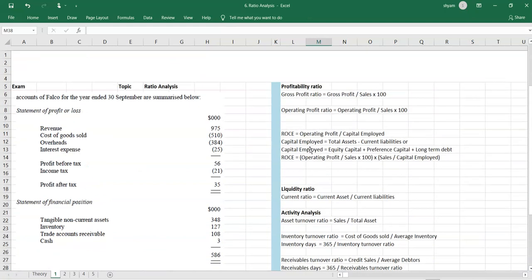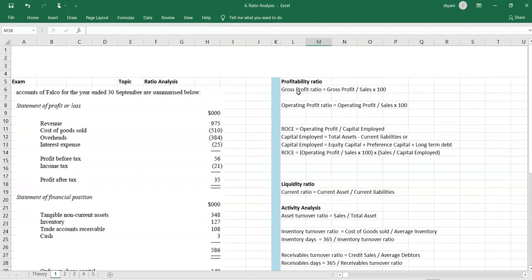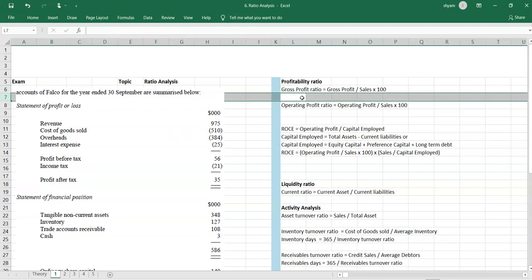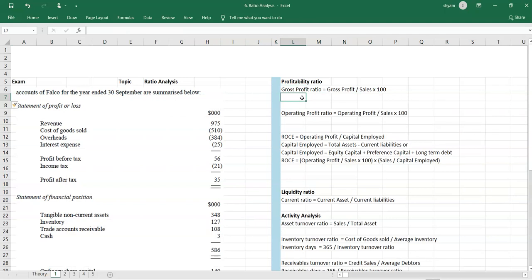Okay, so we'll start. We have to get the gross profit. Is gross profit available? Yes. So if you see here, the revenue minus cost of goods sold, that is gross profit. Okay, so if you are going to do any extra step, gross profit equals revenue minus COGS minus any direct expense, right?